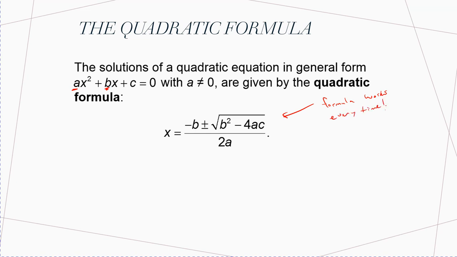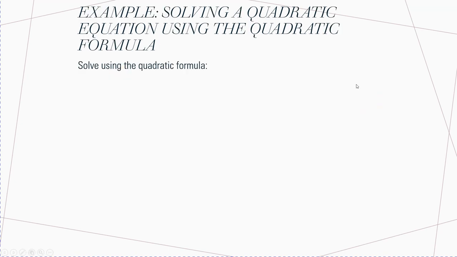So basically what's going on here is if you have any of the other methods that we've talked about in this class, if you can put the quadratic equation into this general form, you could have just used this formula. So let me give you a problem, and let's work it to verify that this works. We're going to use this formula to solve x squared plus 5x plus 6 is equal to 0.